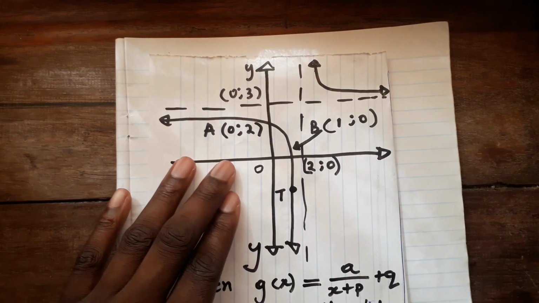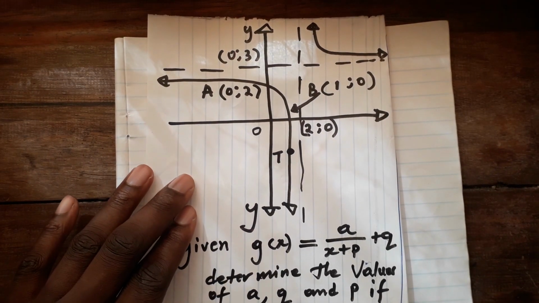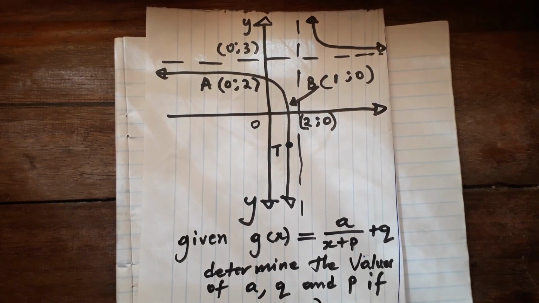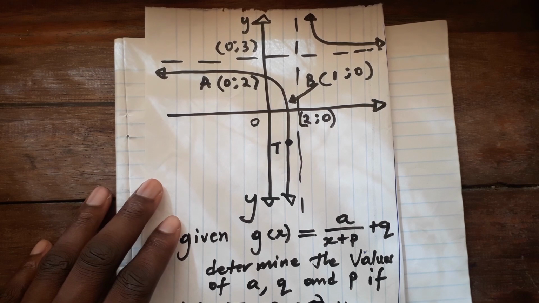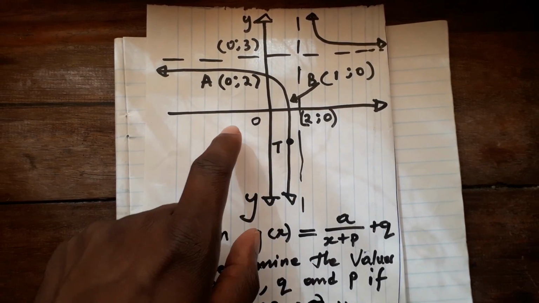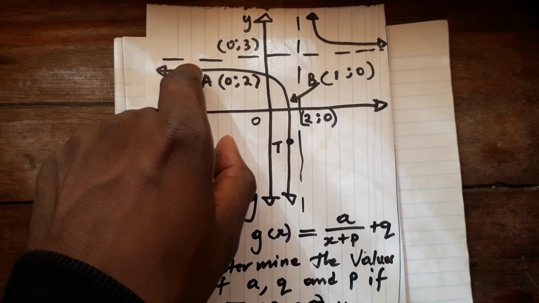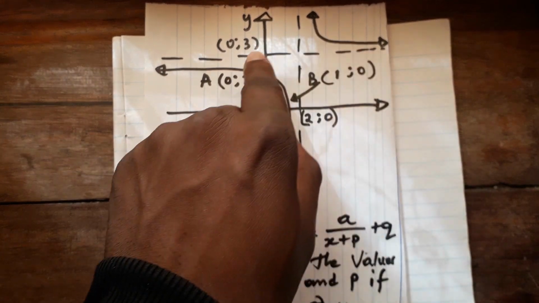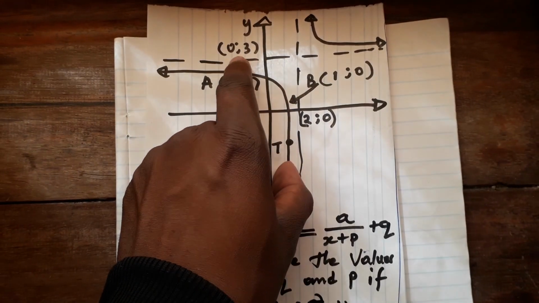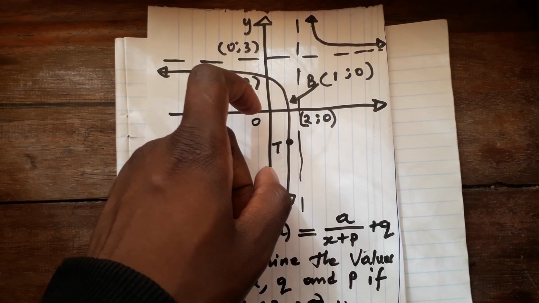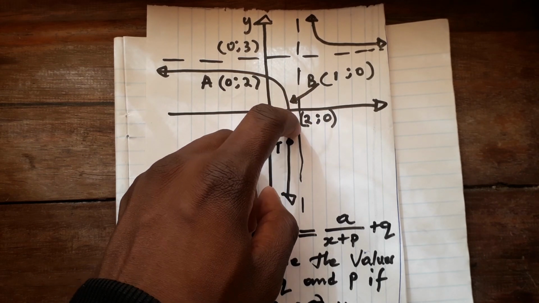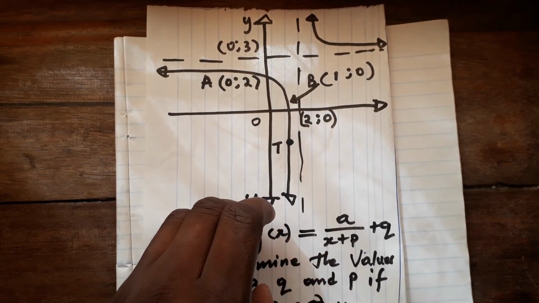Okay, guys. Now let's look at this question. This is different. Suppose you are now given a graph and you are supposed to determine the equation of that function. Let's take a look at this graph. We have the horizontal asymptote, which is 0 and 3, and then the vertical asymptote is 2 and 0, as you can see there.